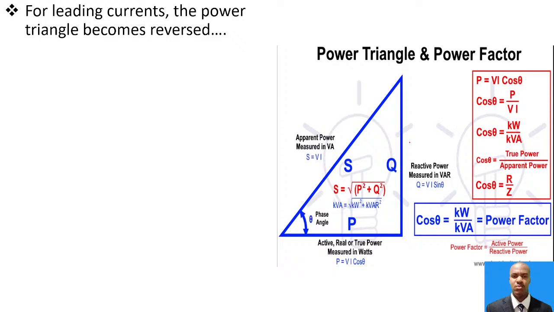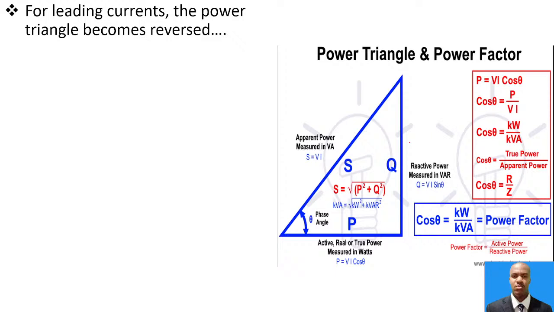Remember, we have said that the lagging reactive component is responsible for causing low power factor. So the lagging reactive power of that load will now be partially or completely neutralized, and in that case we say that the power factor of that load is improving.